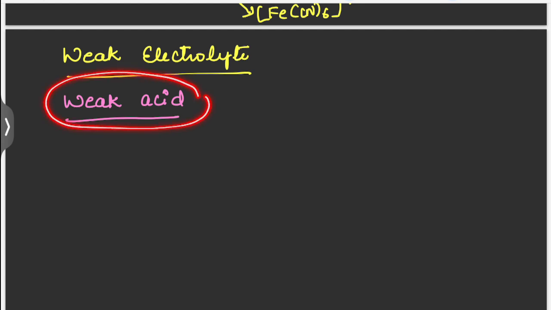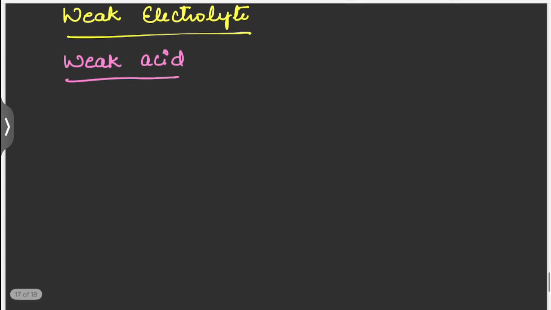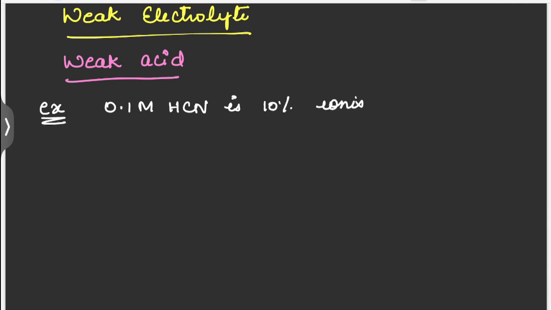Since it is only partially dissociating, you have to calculate the value of i here by a different method. So for weak acid, we will see how we are going to calculate. How the question will be given, I'll take one example here. Suppose 0.1 molar HCN, a weak acid, is 10% ionized.